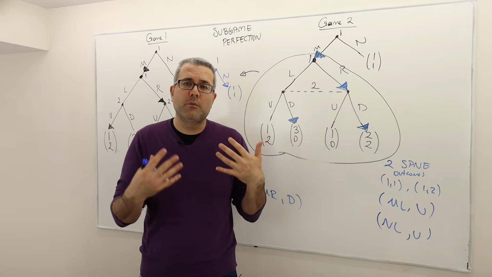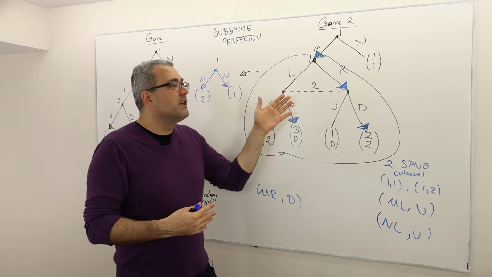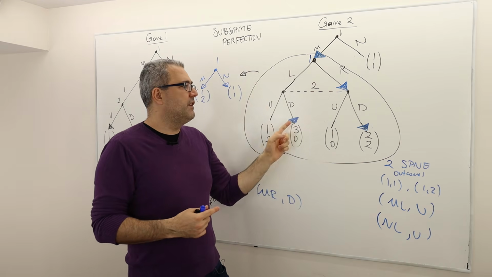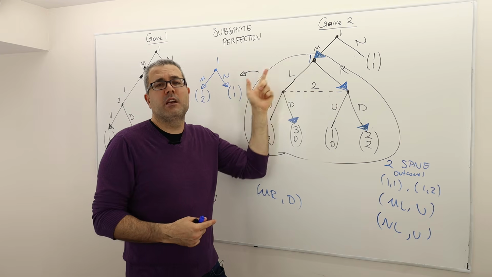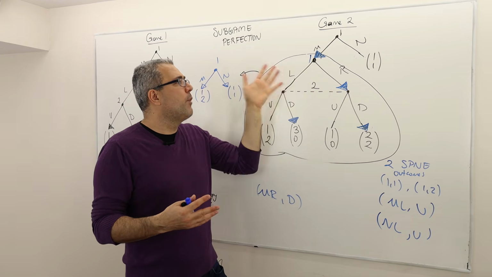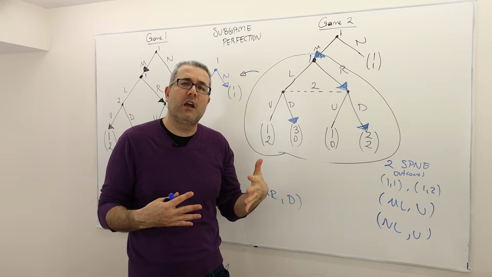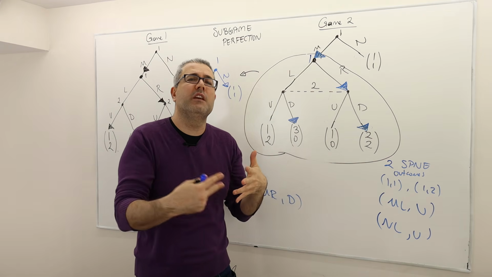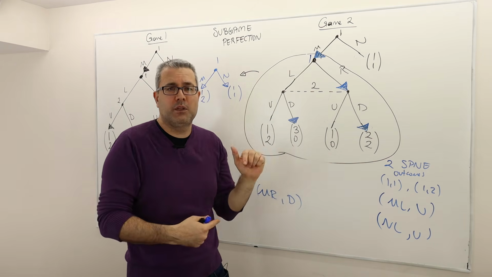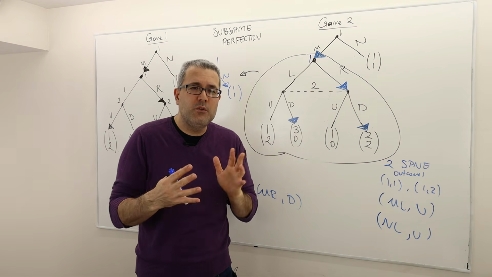So a single-person deviation benefits player 1, but what about a two-person deviation? Maybe both player 1 and 2 will deviate at the same time. So maybe you would also like to see that the two-person deviation should also be beneficial for player 1. If it is not, well, then maybe it is. You see what I mean?